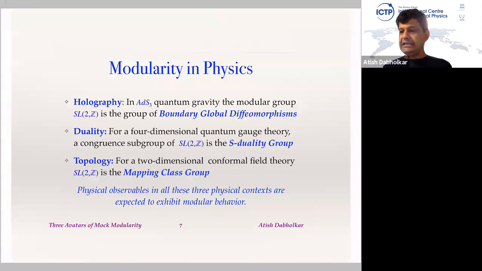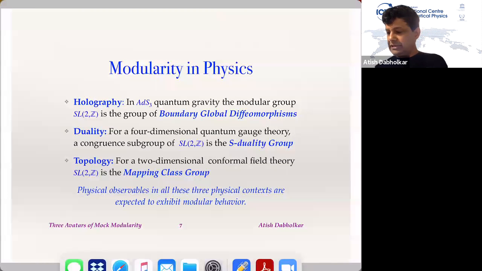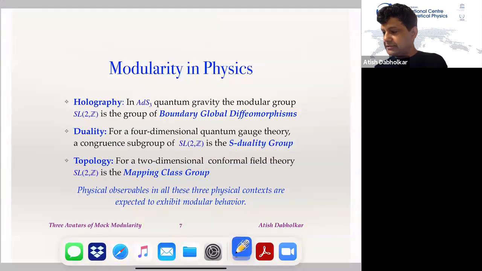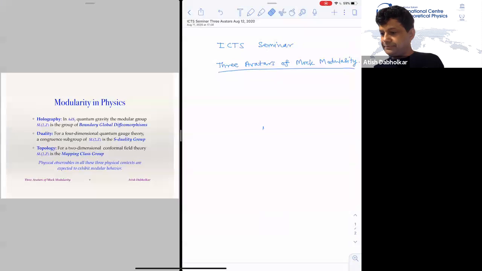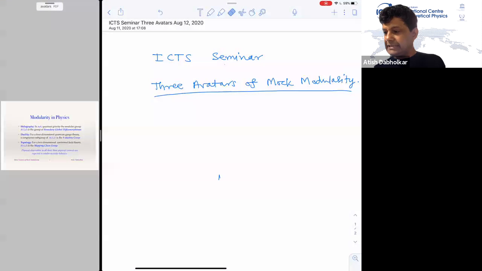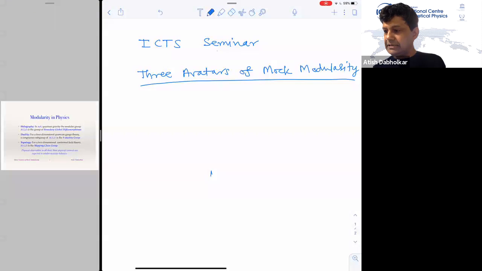If you think of AdS3, so if you think of AdS3 as a solid cylinder, so this is a solid cylinder. Euclidean AdS3 is a solid cylinder.